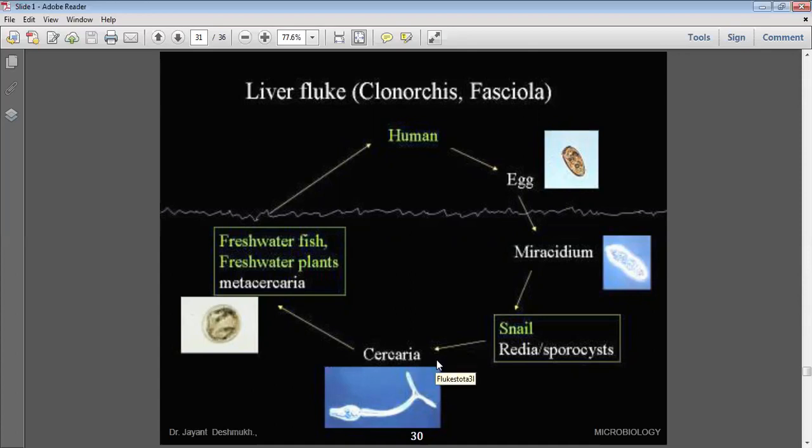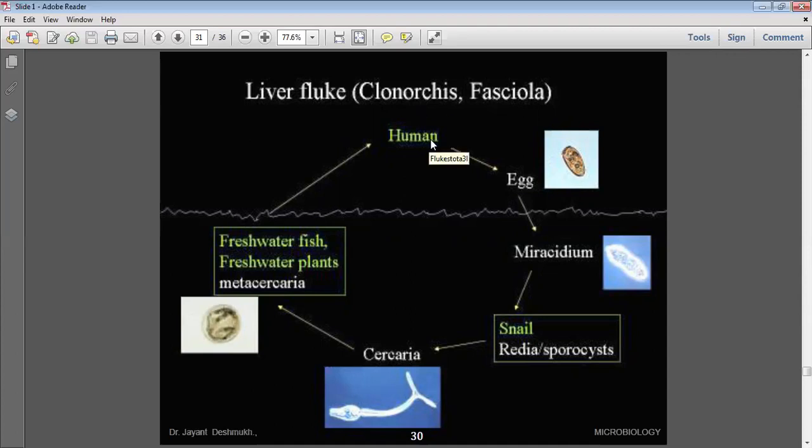Which is the intermediate host? Fish, for Clonorchis sinensis. This fish intermediate host gives the encysted form, that is the metacercaria. With the fish, when metacercaria enters into human being, they develop into adult form. In adult form, they release the egg. This is one cycle gone.